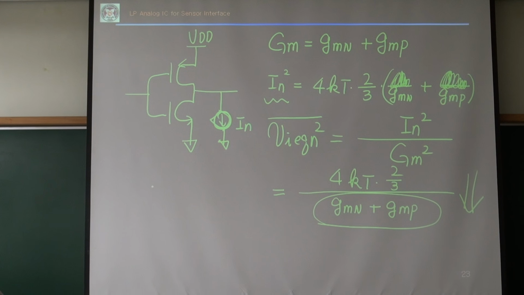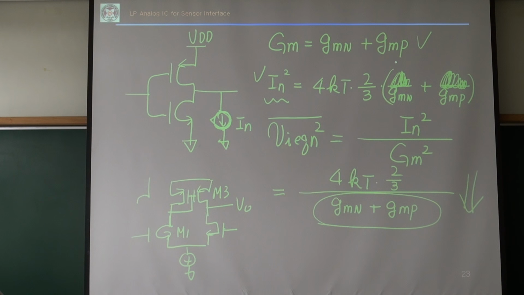If you compare this one with a simple differential pair, we talked about that. This is a conventional differential pair. The M3 transistor contributes to noise, but it doesn't contribute to this GM.